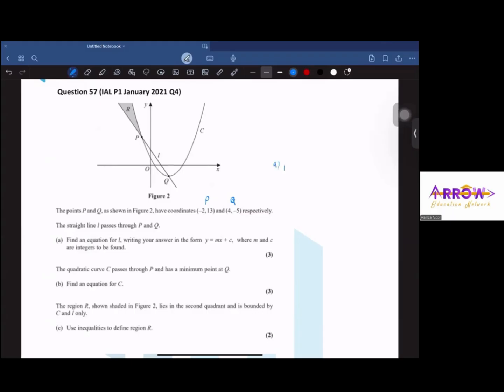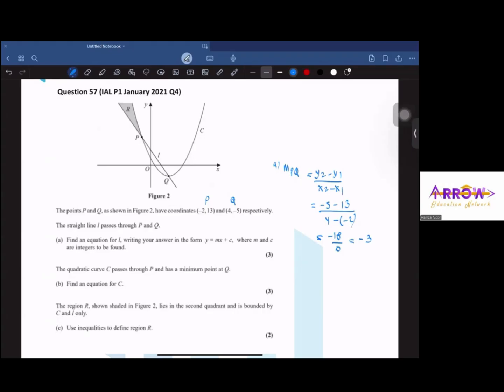So I can find the gradient of the line PQ, which will be the gradient of the line L. So y2 minus y1 divided by x2 minus x1, meaning change in y over change in x. So minus 5 minus 13 divided by 4 minus minus 2. Okay, so this is minus 18 divided by 6. So the gradient of the line is minus 3.